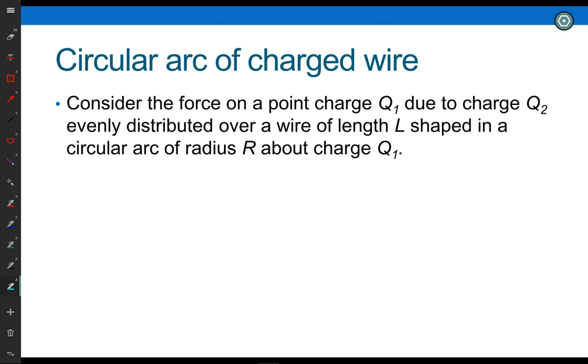Of course, I wrote this question, so I kind of know what the shape's going to look like, but I have a circular arc. So I'm going to start with, there's my circle of radius R. And I have charge Q2 that's evenly distributed over that.